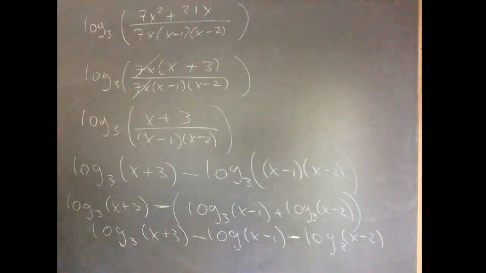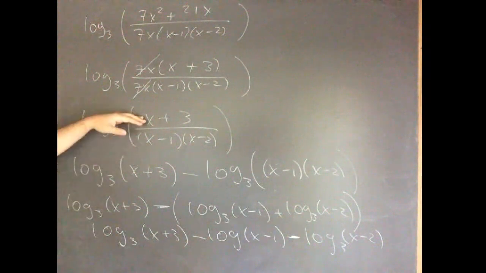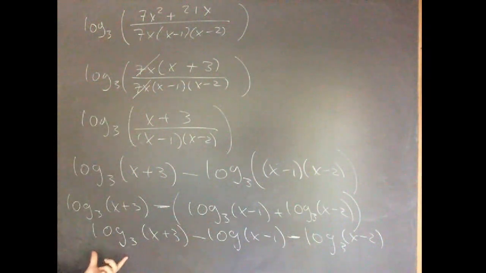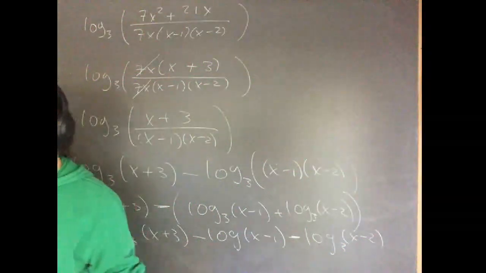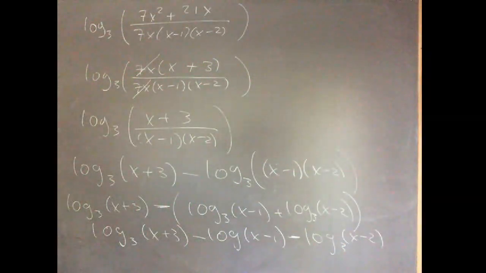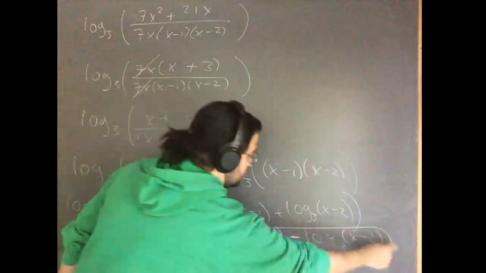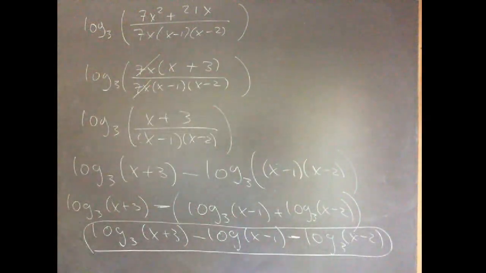Okay, so one part here is just to say the stuff in the numerator is the stuff you're adding, the stuff in the denominator is the stuff you're subtracting off. Okay, and this would be the expanded form of this logarithmic expression. And we'll also be interested in going in reverse, right?